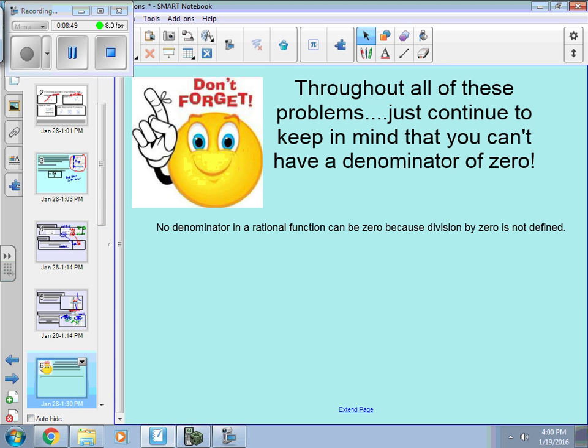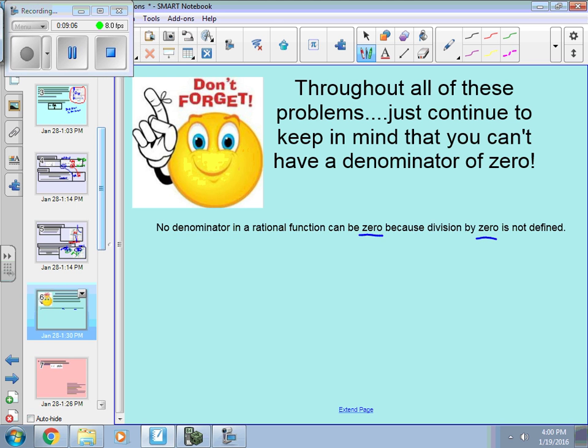All right, so we're going to look at doing some of these. Keep in mind that no denominator in a rational function can be 0 because division by 0 is not defined. So you're looking for the places where the denominator is 0. You can't divide by 0.